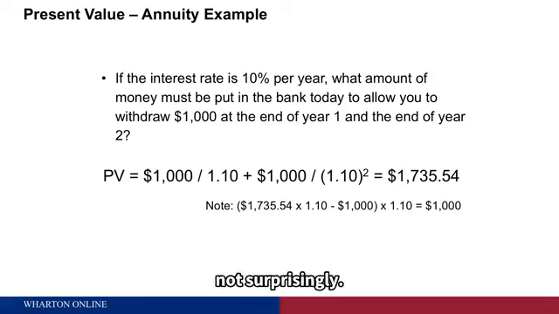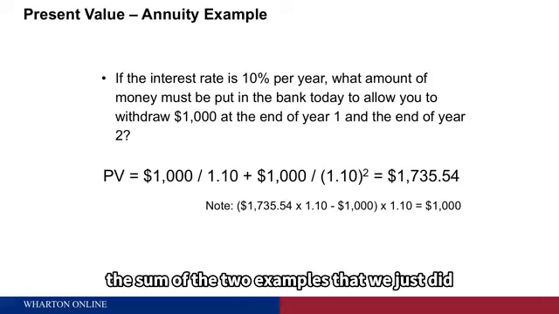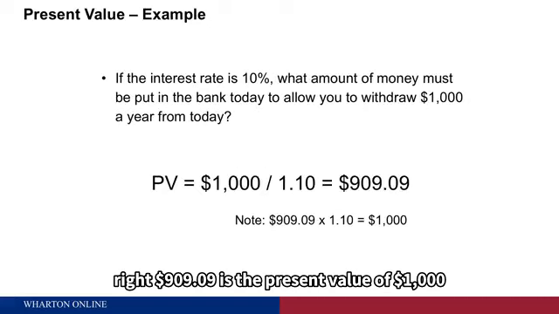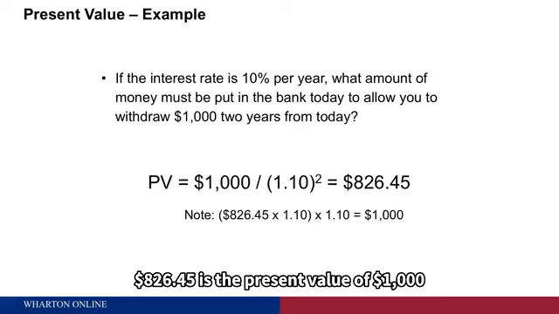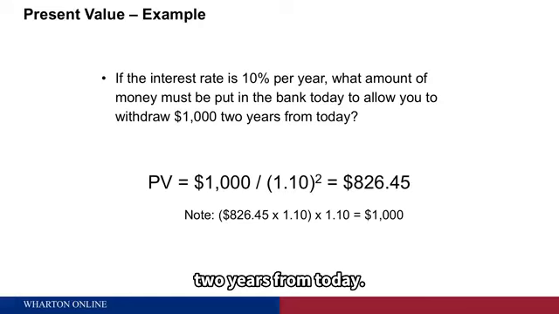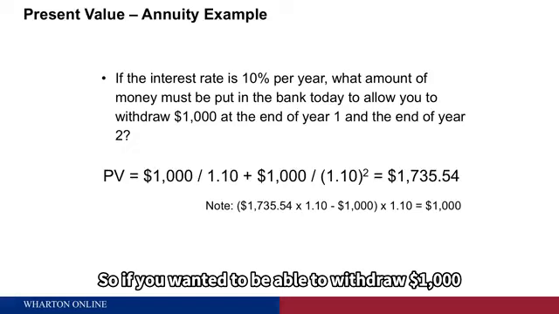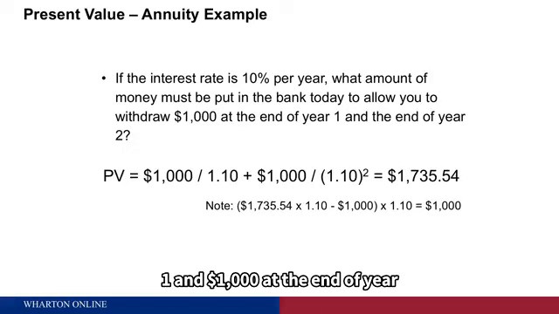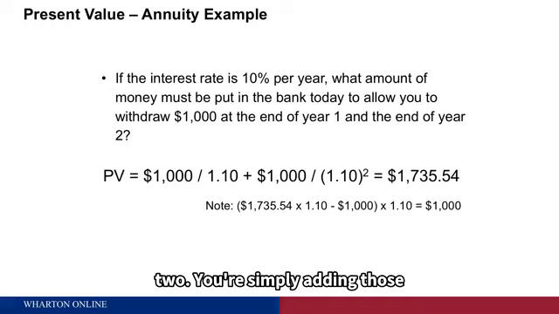And of course, not surprisingly, the answer is really the sum of the two examples that we just did, right? $909.09 is the present value of $1,000 a year from today. $826.45 is the present value of $1,000 2 years from today. So if you wanted to be able to withdraw $1,000 at the end of year one and $1,000 at the end of year two, you're simply adding those two calculations together and you're getting $1,735.54.